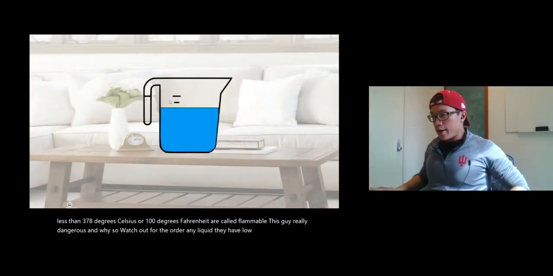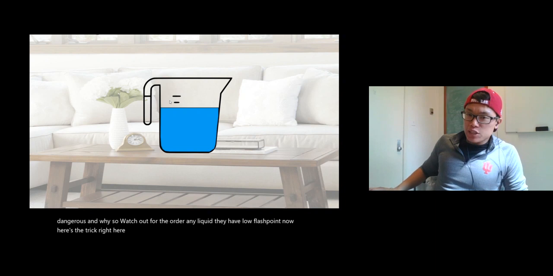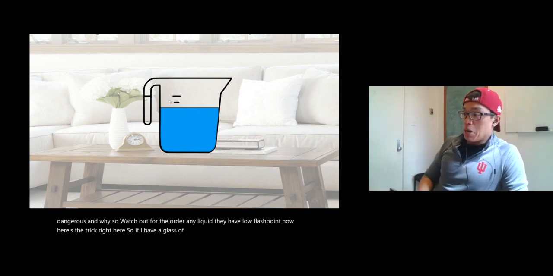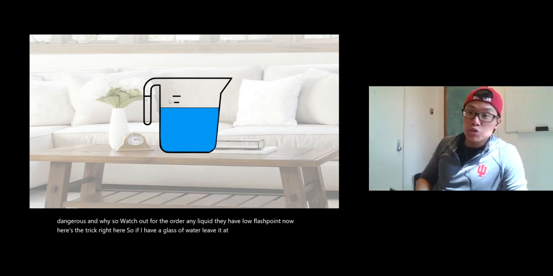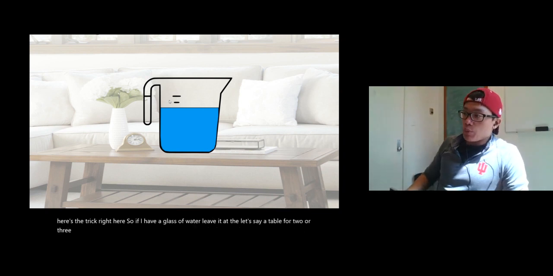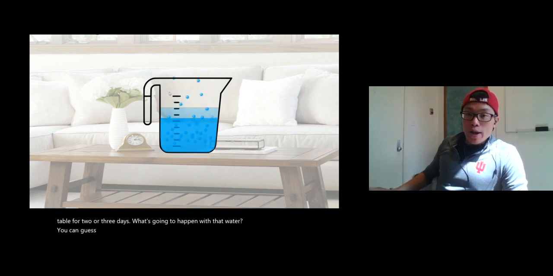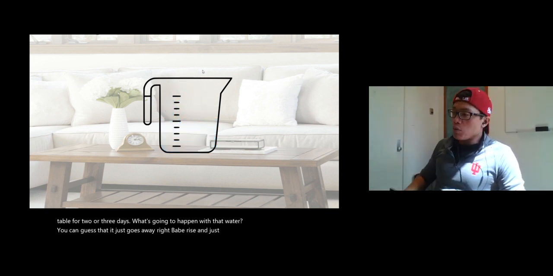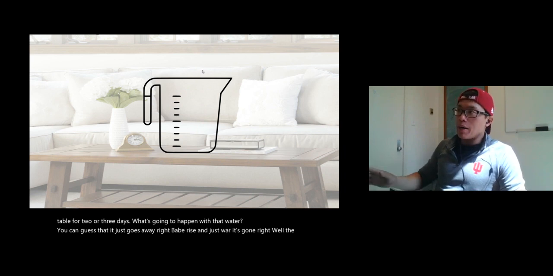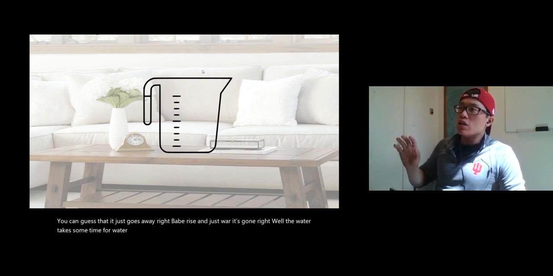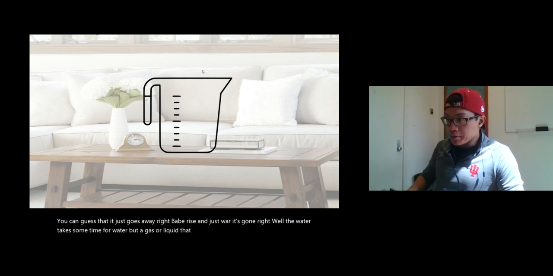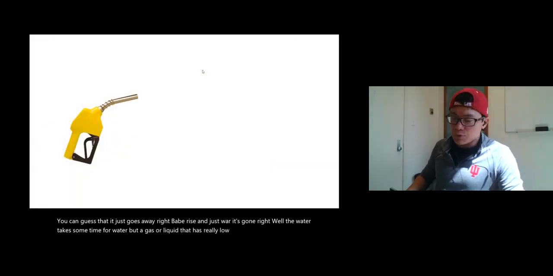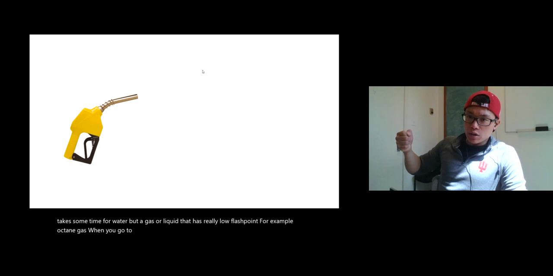Now, here's the trick right here. So if I have a glass of water, leave it on, let's say, a table for 2 or 3 days, what's going to happen with that water? Well, you can guess that it just goes away, right? Vaporize, and water just gone, right? Well, the water takes some time, but the liquid that has really low flash point, for example, octane gas. When you go to a gas station, you pick up a nozzle.